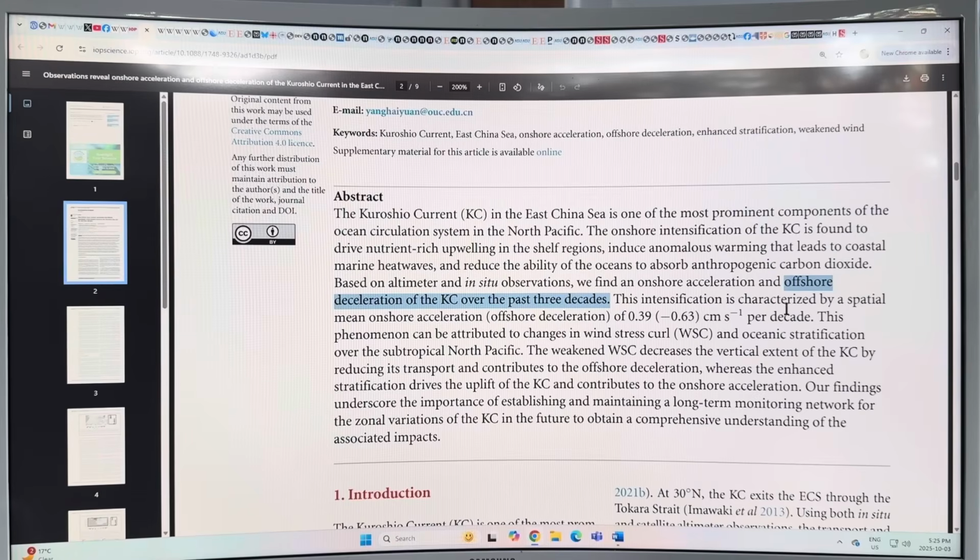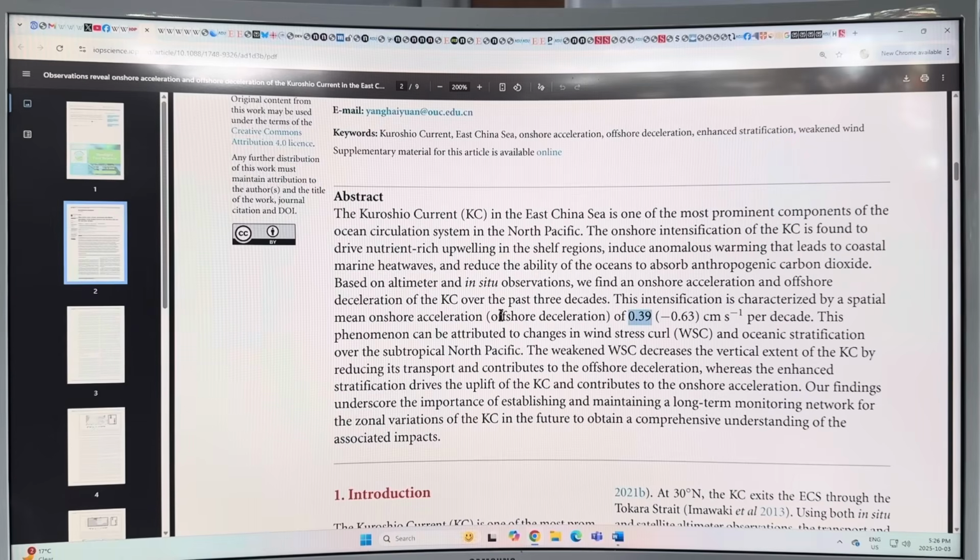The intensification is characterized, so there's a spatial difference, onshore, offshore. The onshore acceleration is 0.39 centimeters per second per decade. So that's the speed of the acceleration of the current, 0.39 centimeters per second per decade over 3 decades.